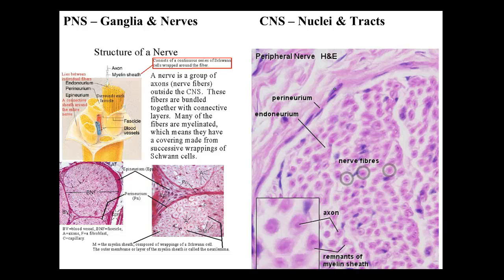So when we talk about neurons within the central nervous system, what's going to happen is those neurons are going to be bundled together. And when they become bundled together, we're going to have all of the axons bundled together in certain areas, and all of the cell bodies bundled together in certain areas.